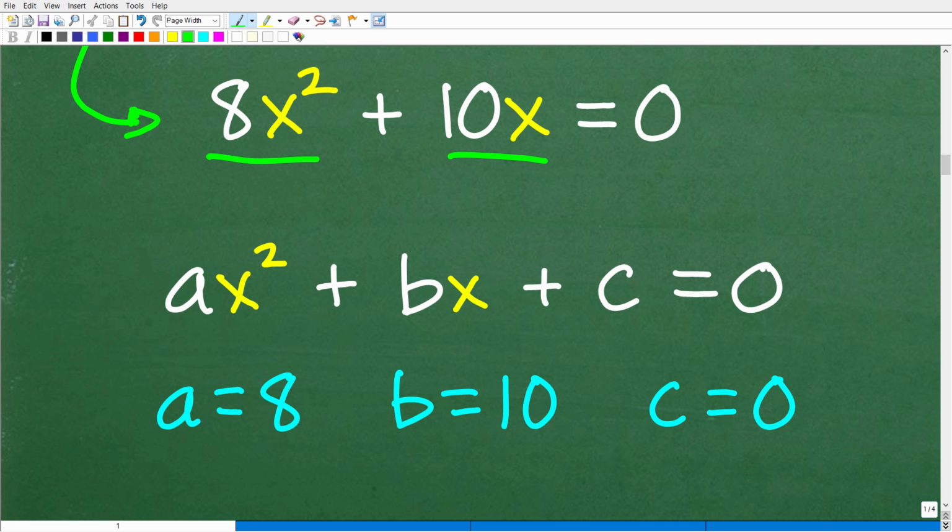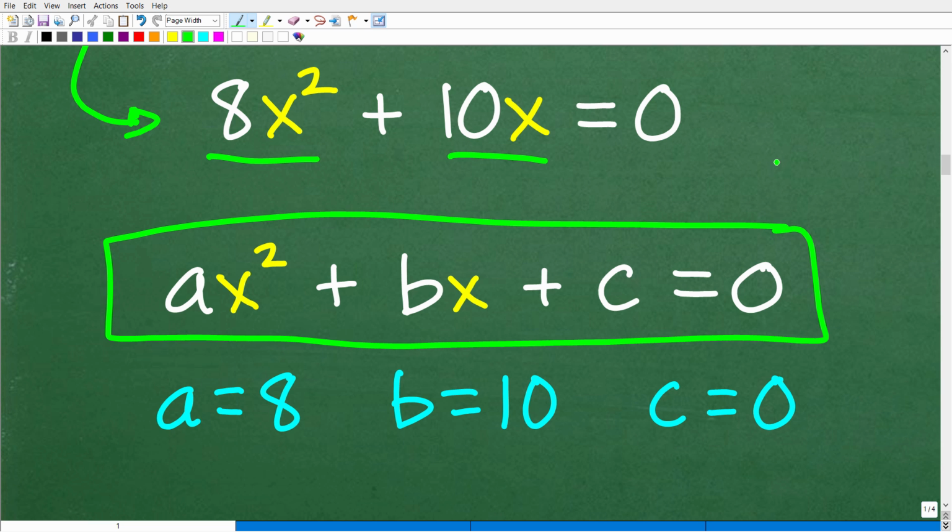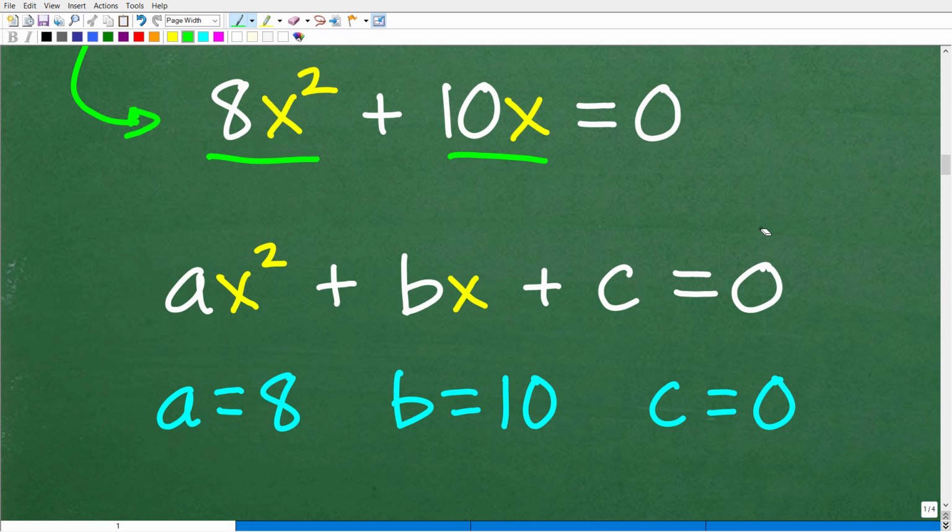Well, when you learn about quadratic equations, there's something called standard form, and if you're working with the quadratic formula, you have to get your quadratic equation into standard form, which is basically everything on one side of the equation equal to 0. Of course, right here we have that.